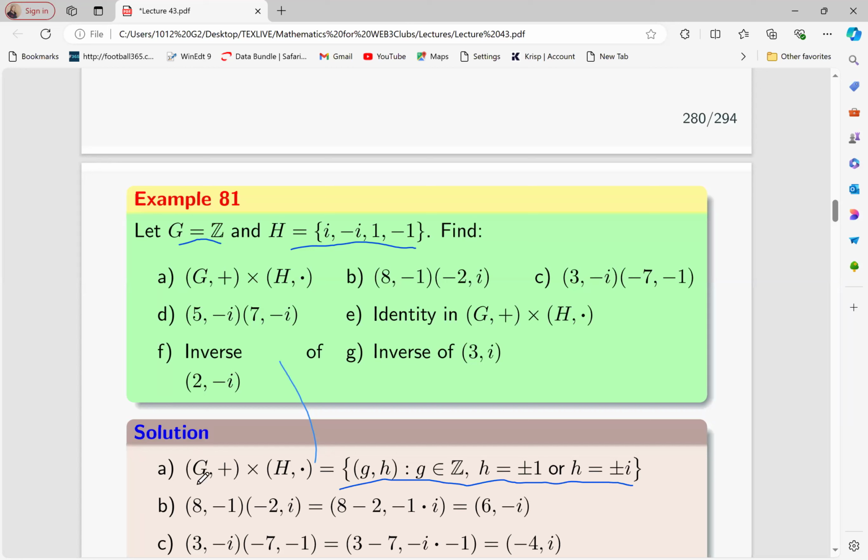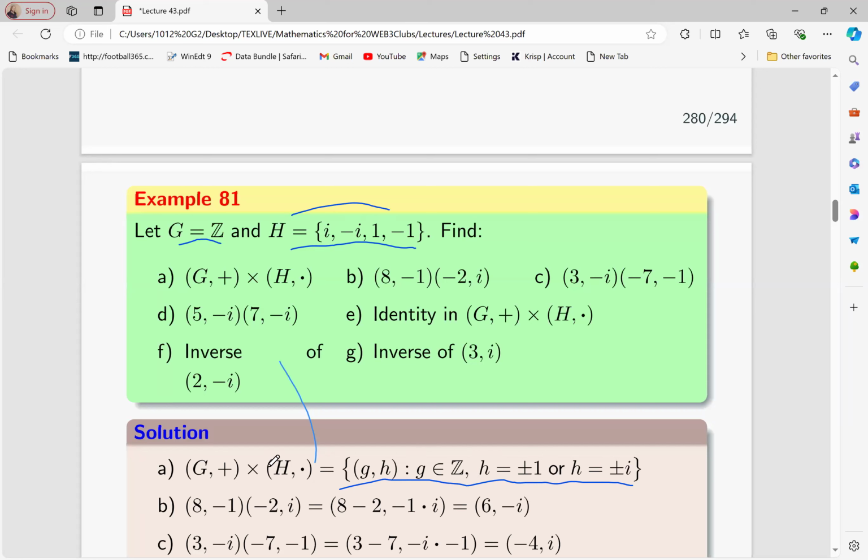So I've just said in short that this direct product will be a set consisting of GH, where G is an element of the integers, is an integer, and H is a member of this set, which is either -1, positive or negative i, or positive 1.